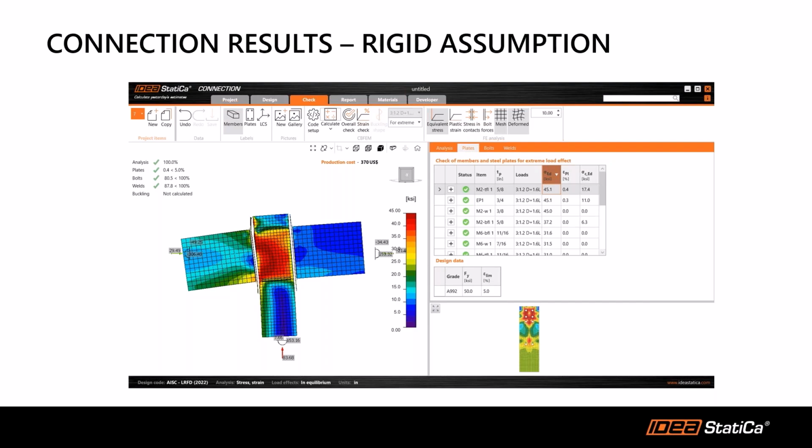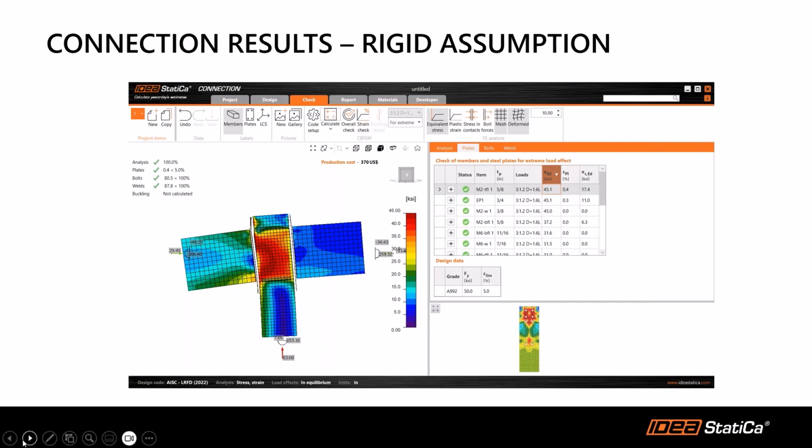As we see at the start, in this comparison you saw that the moment was actually reduced, right? With the rigid assumption, we have a maximum plastic strain of 0.4.